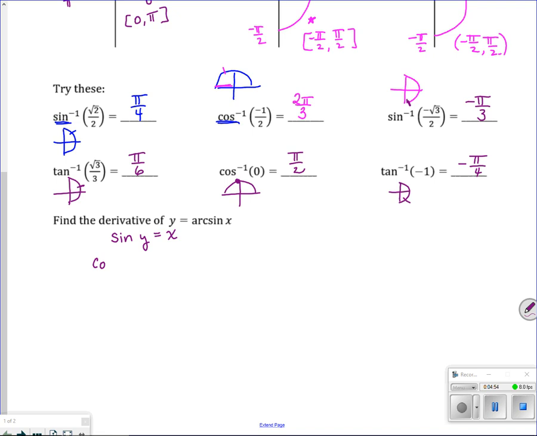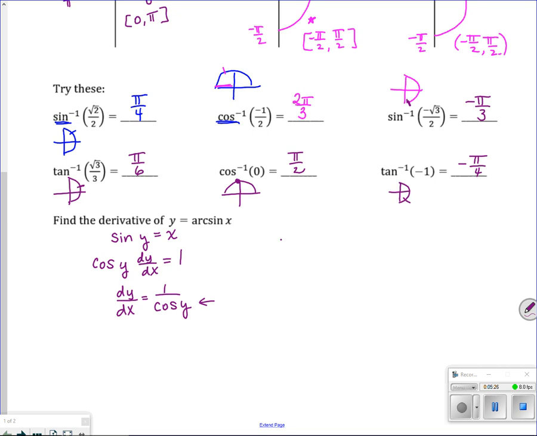The cosine of y times dy dx is equal to 1. So dy dx is equal to 1 over cosine of y. But the problem is, we need it in terms of x. So let's figure out how I can replace the cosine of y with something with x's in it.